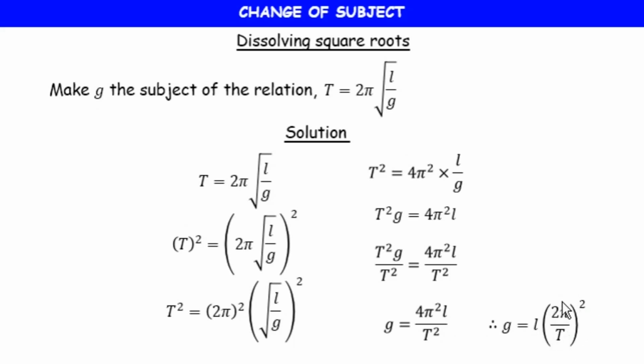So it's going to be 2 squared, which is 4, and then pi squared all over t squared. That is the same thing we have here. So our g is equal to L into bracket 2 pi over t all squared. So that is how to dissolve or eliminate the square root.